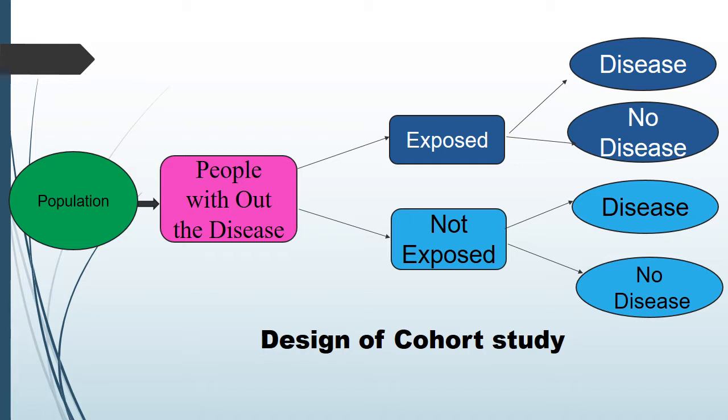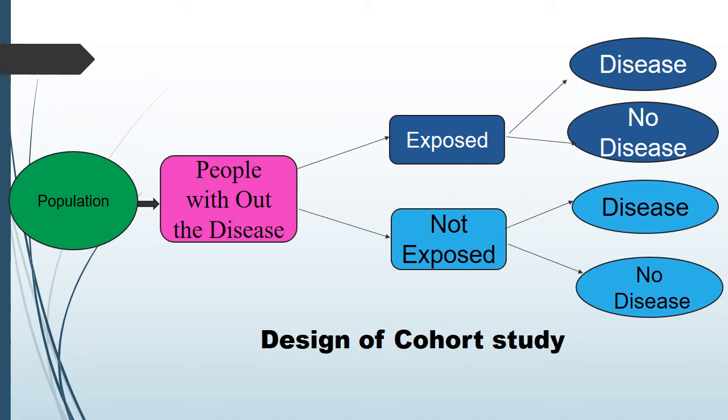Like that we are checking for the exposed and not exposed. Those who are exposed or not exposed, we segregate, and among those who are exposed, how many of them got the disease and how many did not, what is the result. And among those who are not exposed, who got the disease and who did not. So this is about the design of cohort study.